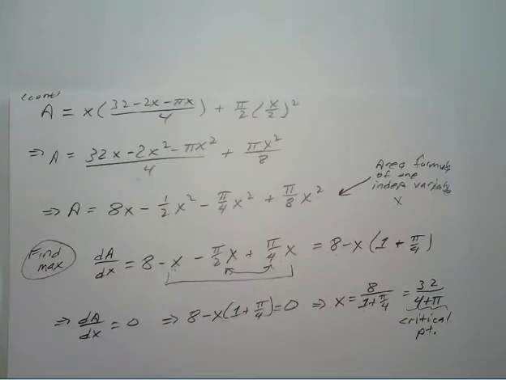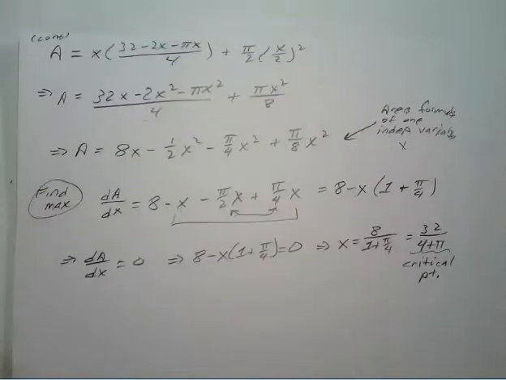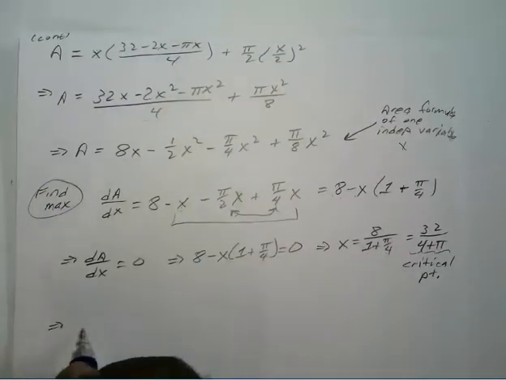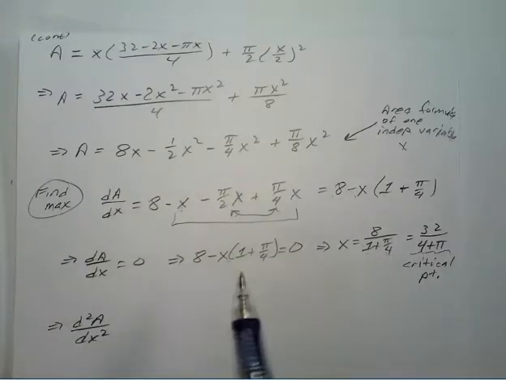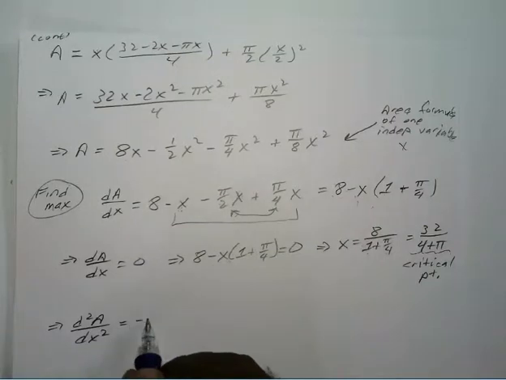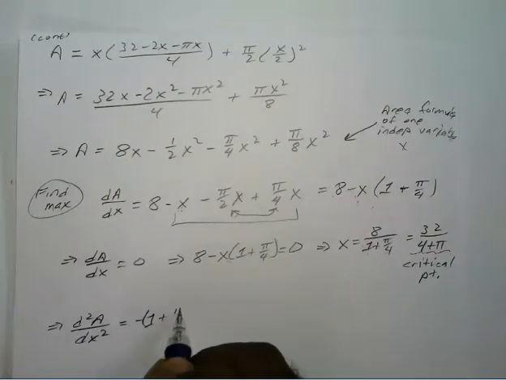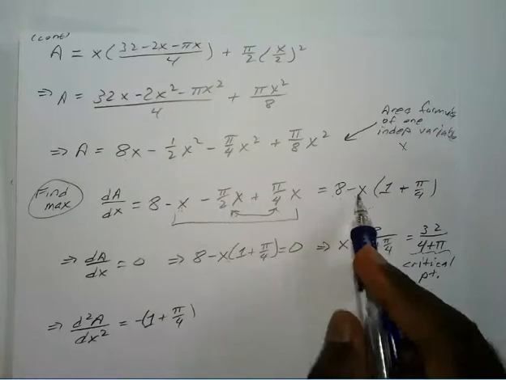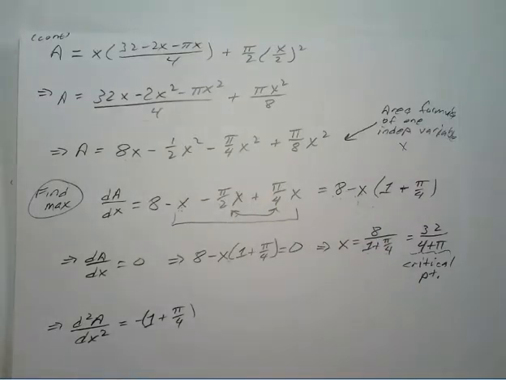Okay, so if we find the second derivative of our first derivative, remember this is our first derivative, our second derivative will just end up being negative 1 plus pi over 4, because that x will just become 1. And that 8 will just become 0. Okay. Now, what's the one thing we're going to notice?